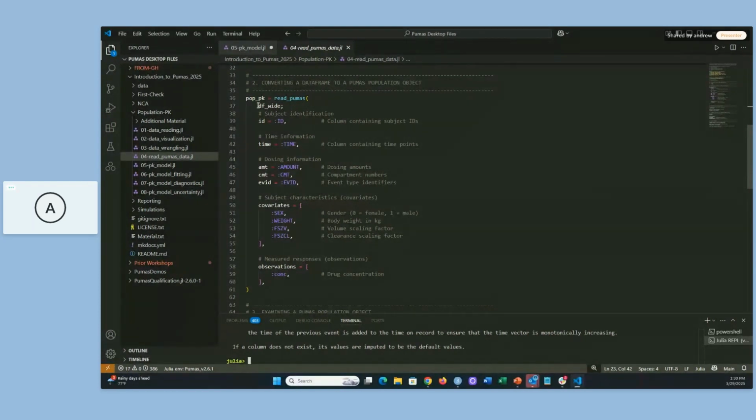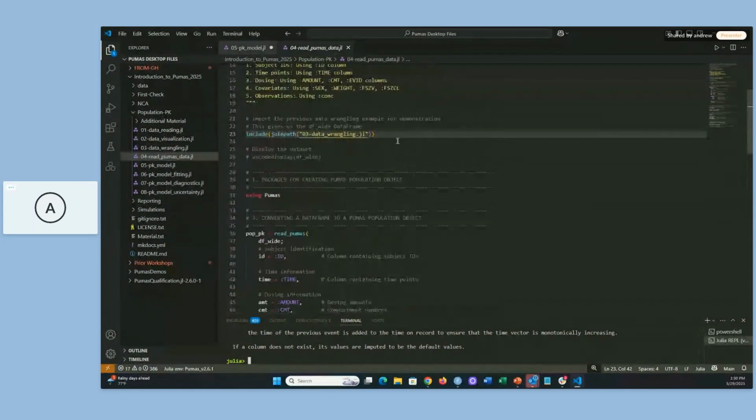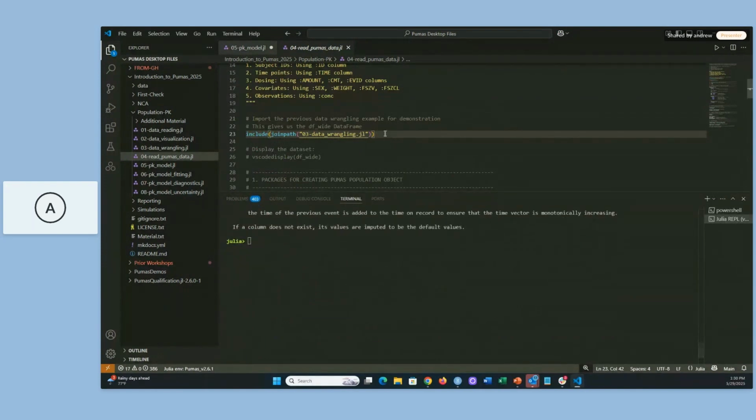And so df_wide is ultimately a wide form version of our data set. It's the end product of file number 3. And you can actually run that if you want already. If you just run all this, it's quite a little thing, and I will use this.